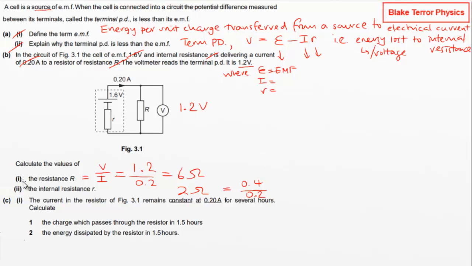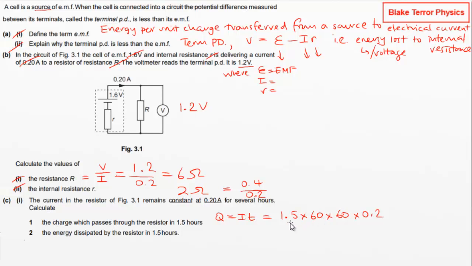It's the same thing. Part C, the current in the resistor remains constant at 0.2 amps for several hours. Calculate the charge which passes through the resistor in 1.5 hours. Right, so that's our Q equals IT on that. So we've got, was it 1.5 hours? So 1.5 times 60 minutes times 60 seconds times 0.2.